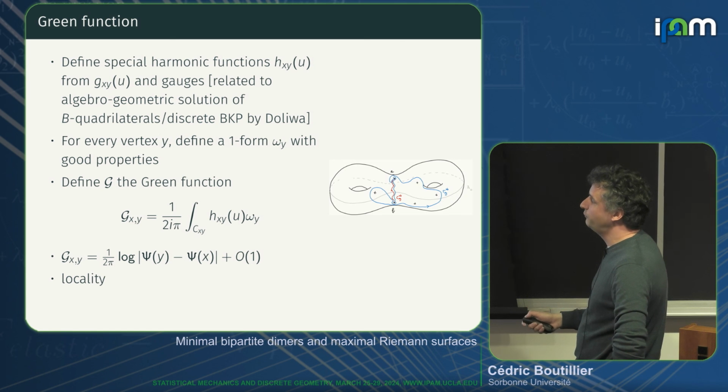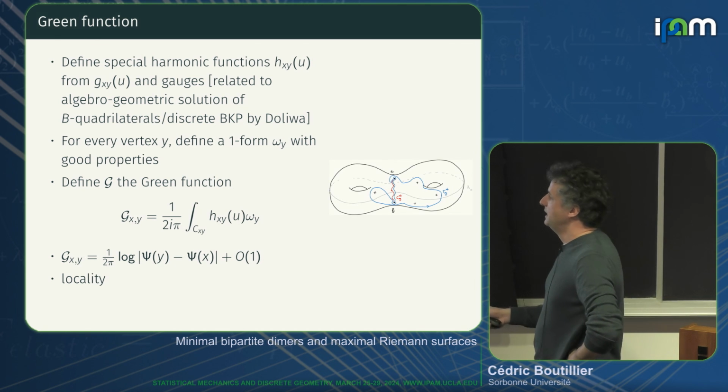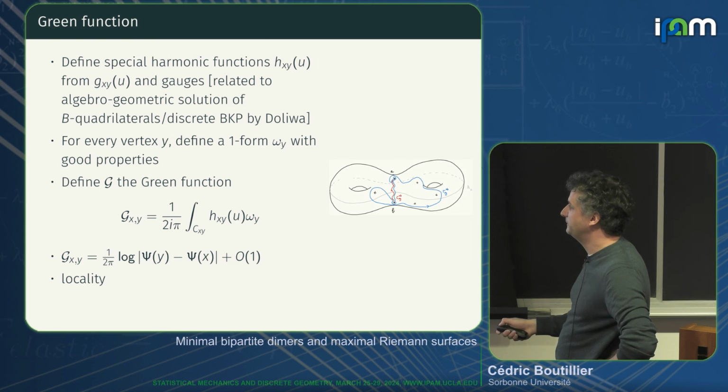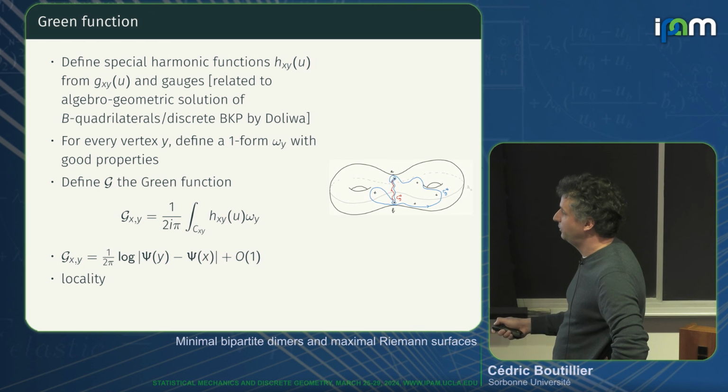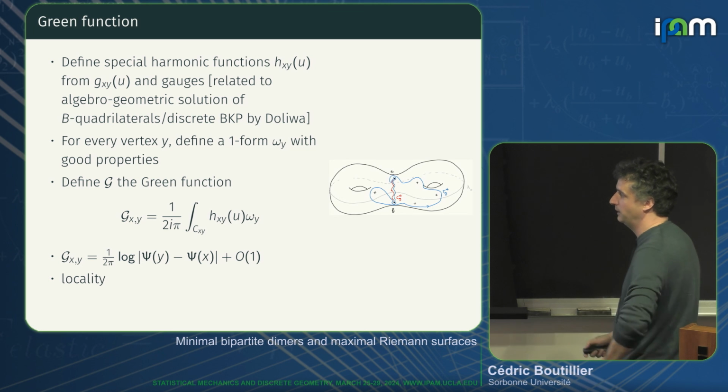Then for every vertex you need to define a one form, which also depends only on the local geometry around this vertex y. And you can write down an expression for the Green function, which will be, again, an integral of this harmonic function times this one form along some contour that will connect two points on your surface, which turn out to be the two fixed points of the involution tau.